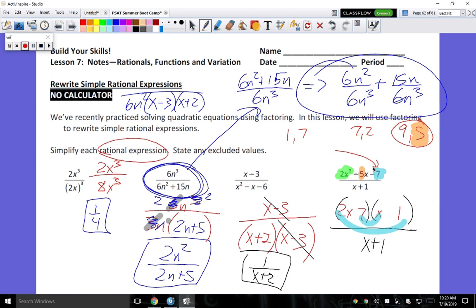So this is going to be a positive, this is going to be a negative, or the other way around. And again, I'm glancing at this bottom piece and saying, that might cancel. So I see now a -7 and a +2, which of course gives me that -5. These cancel, and the final reduced form is 2x minus 7.